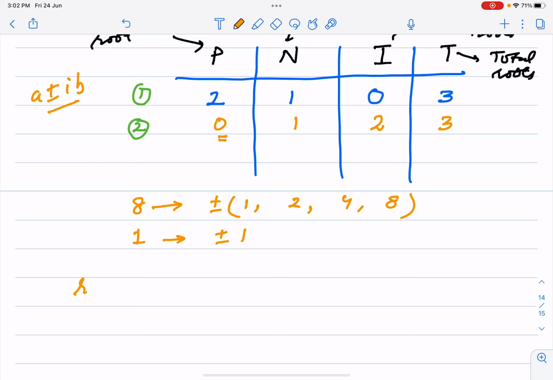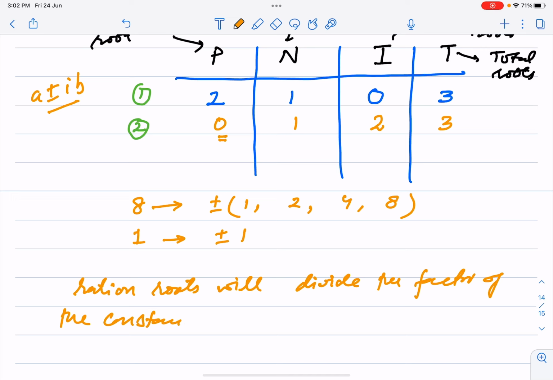So the rational roots will be, we have to divide the factors of the constant with the factors of the leading coefficient.